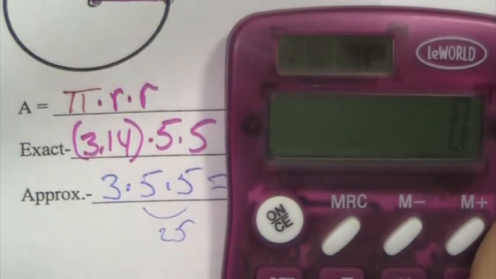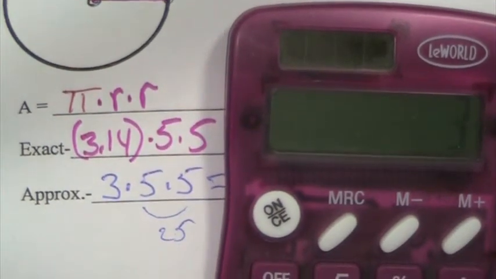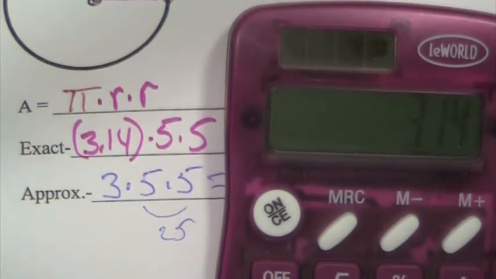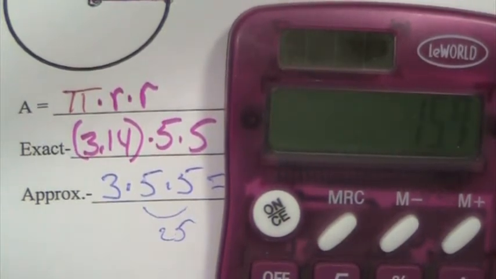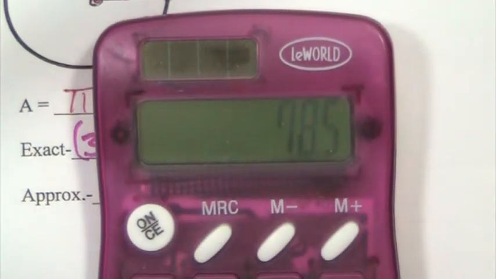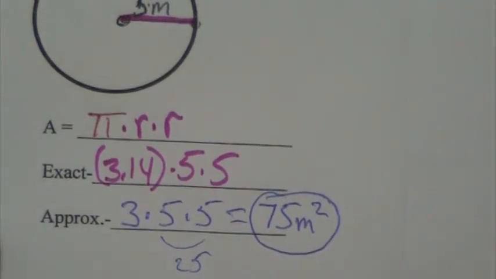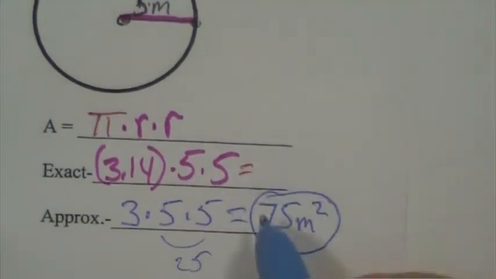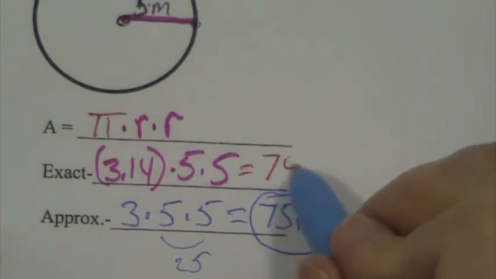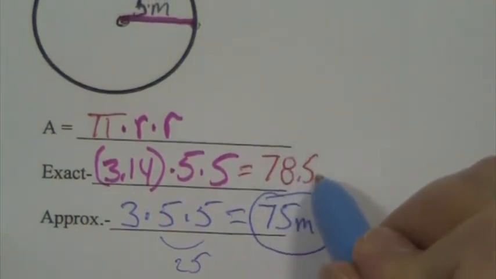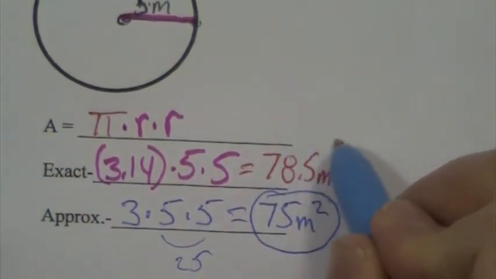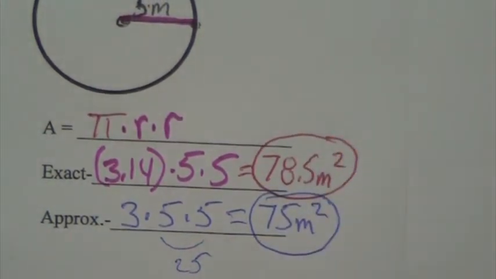Calculator: 3.14 times 5 times 5 equals 78.5 meters squared, because we want area, how many squares inside.